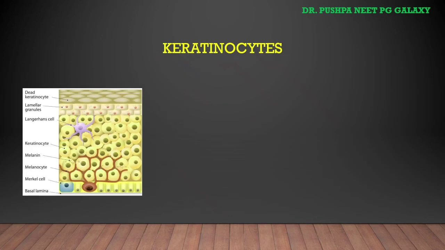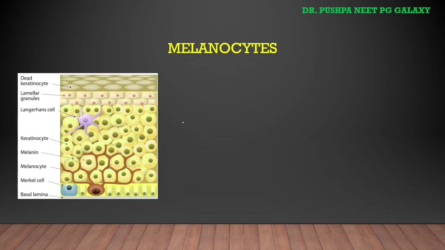First we will study the keratinocytes. Keratinocytes contribute about 95%, and its primary function is to give protection, and it has immunological role. Next one is melanocytes.